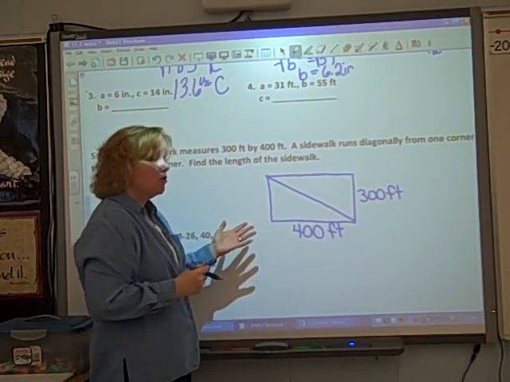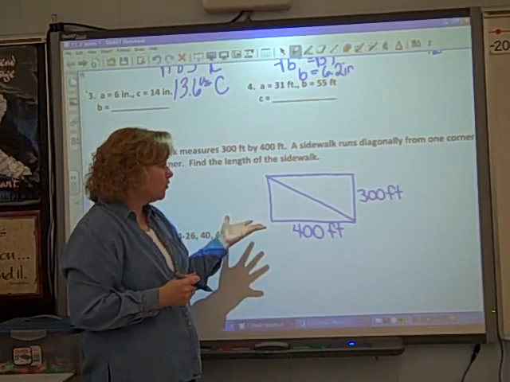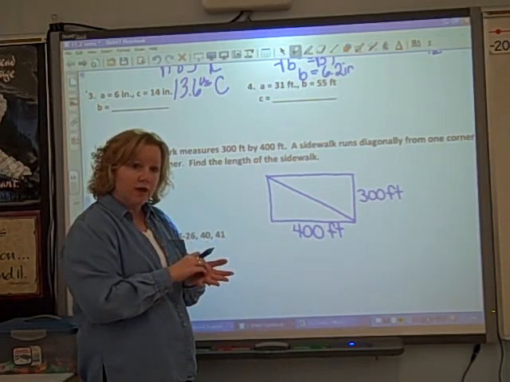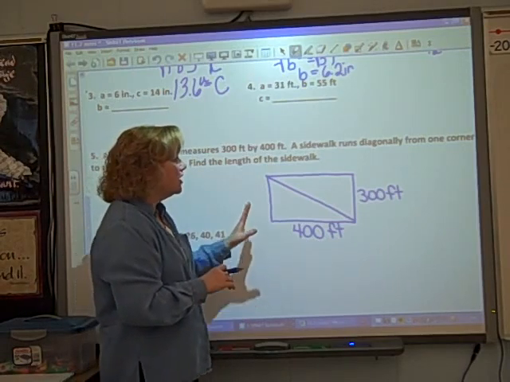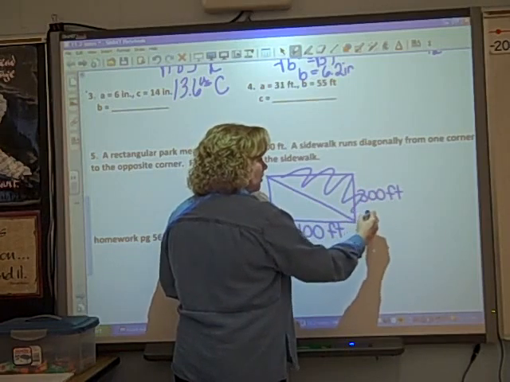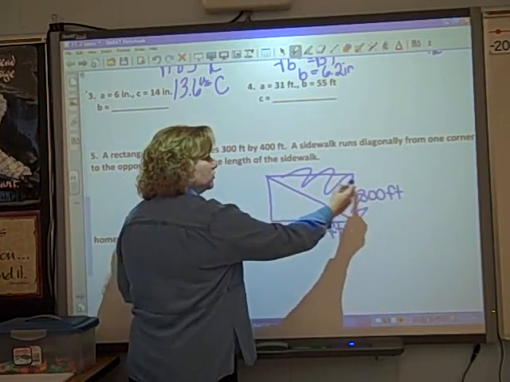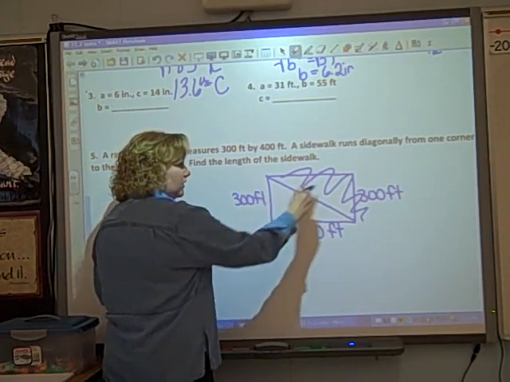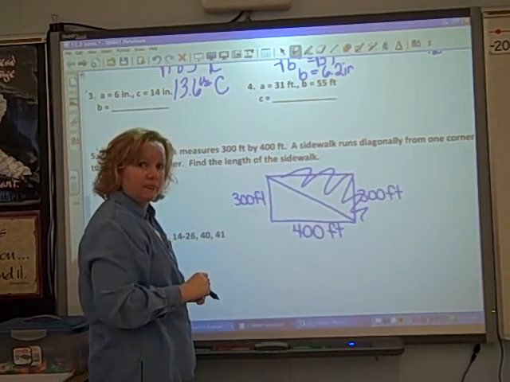Okay? Now, notice that I have created a right triangle now, haven't I? Can I use the Pythagorean theorem then? Yeah. So really, I just need one of these triangles. This is no longer important, except for I do need to move this 300 over to this side. Right? We agree that this side and this side are the same.